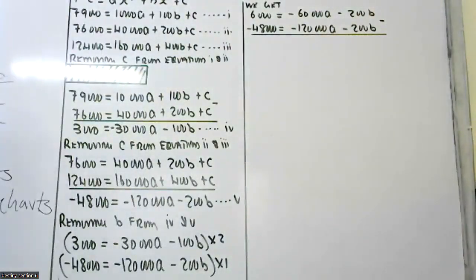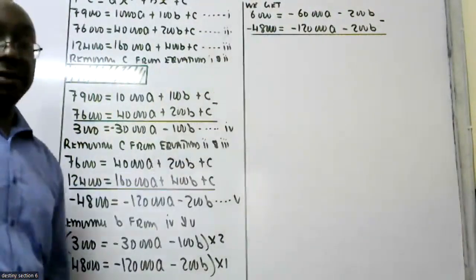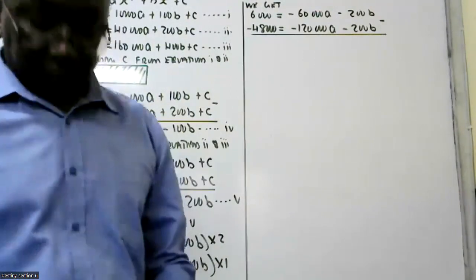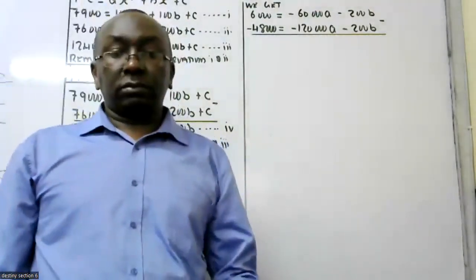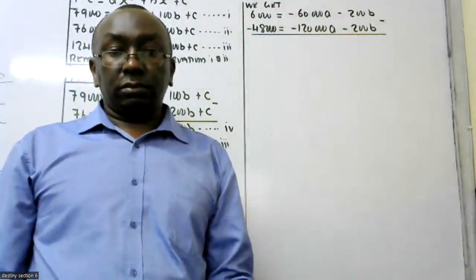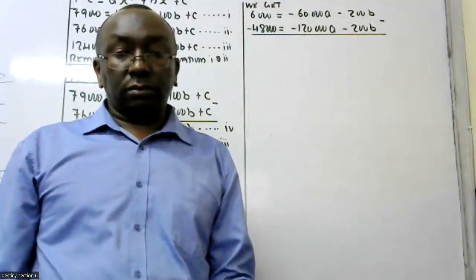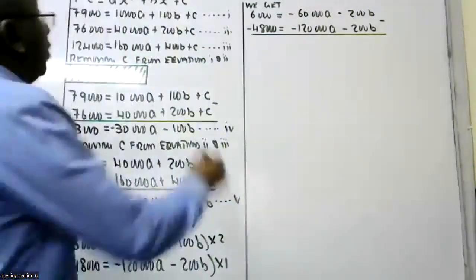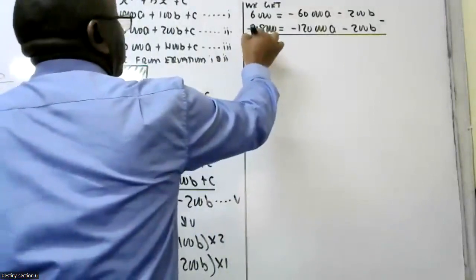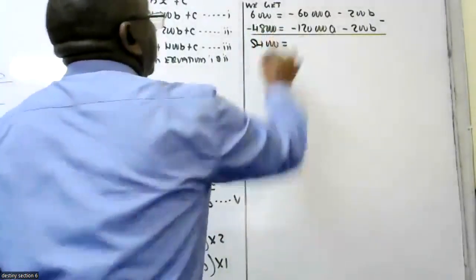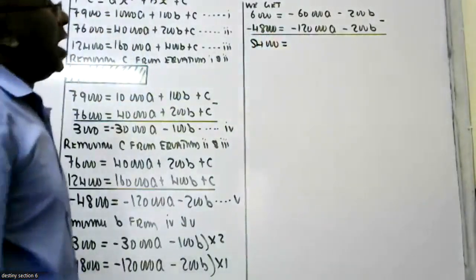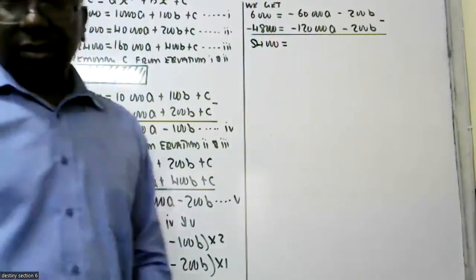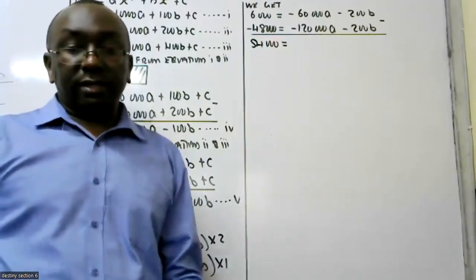So tell me now, 6,000 minus 48,000 will be equal to what? Yeah, 54,000. Good. 54,000, and minus 60,000 minus 120,000 will be equal to what?